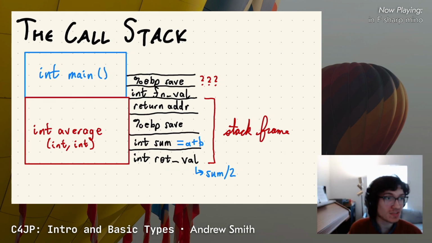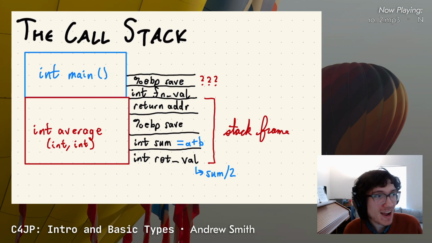And because the stack grows downwards and because our stack frames in C are a fixed size, the stack frame for the second call to average is going to have the exact same layout as the stack frame for the first call to average.